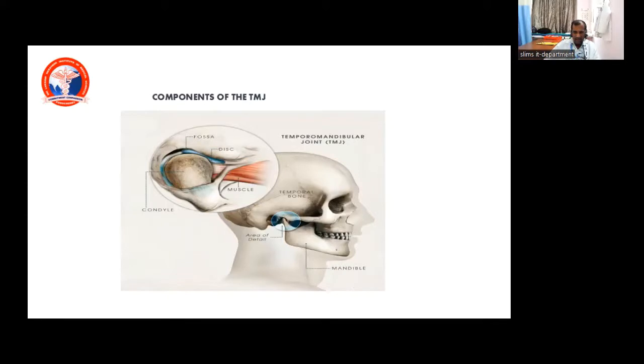The lateral pterygoid muscle is attached to the head of the condyle. Briefly, you should understand that the temporal fossa, the head of the condyle, and the disc form the crucial structures of the temporomandibular joint.